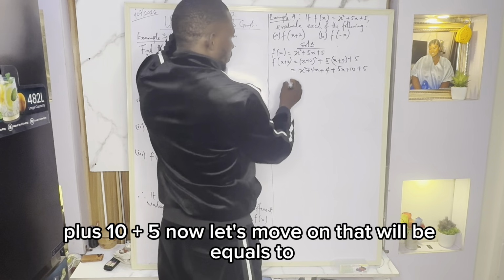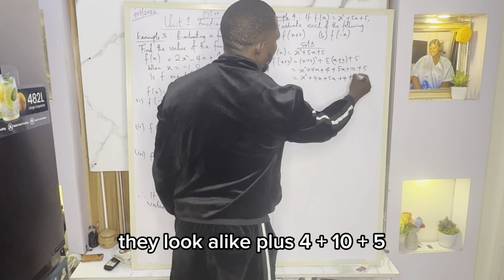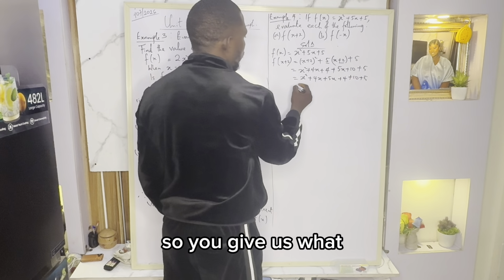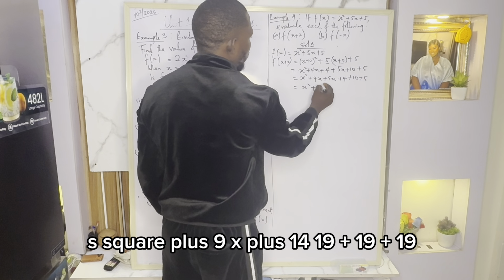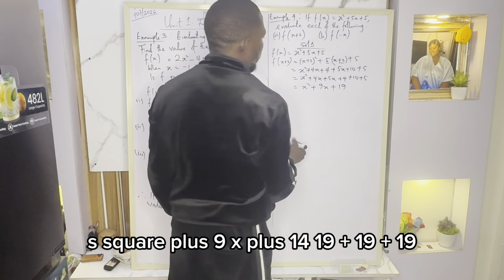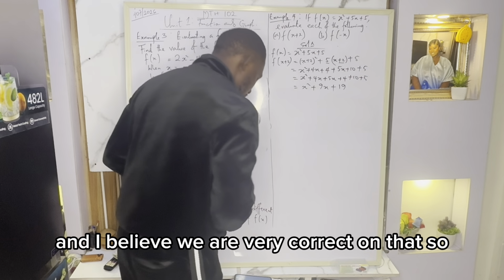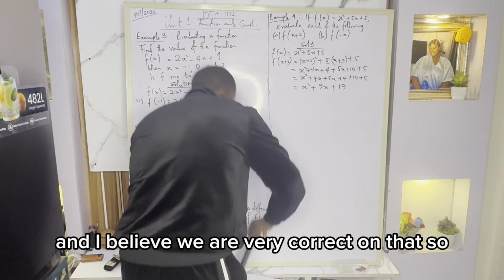Let's bring the ones that have like terms together. x squared plus 4x plus 5x, plus 4, plus 10, plus 5. So it gives us what? x squared plus 9x plus 19. This is the value. I believe you understand that, and I believe we are very correct on that.